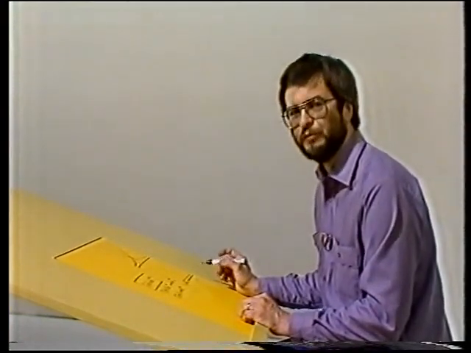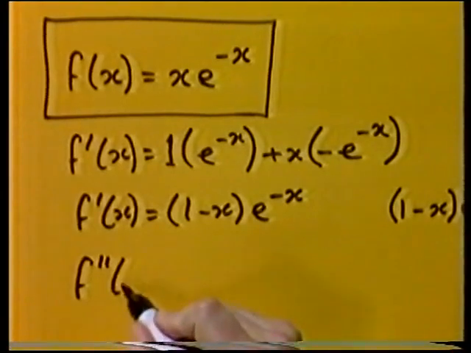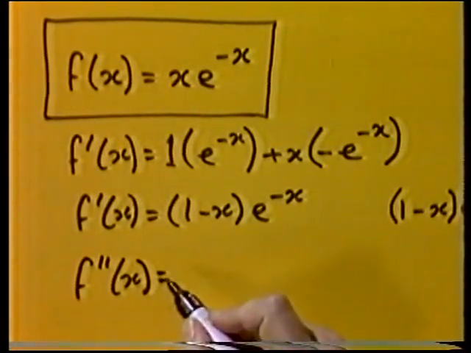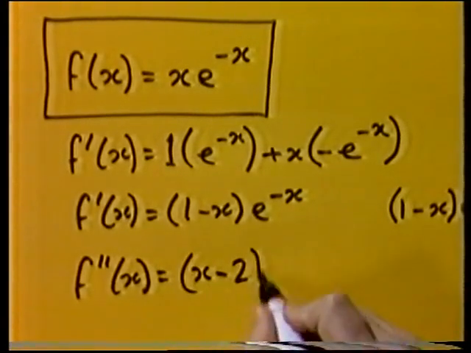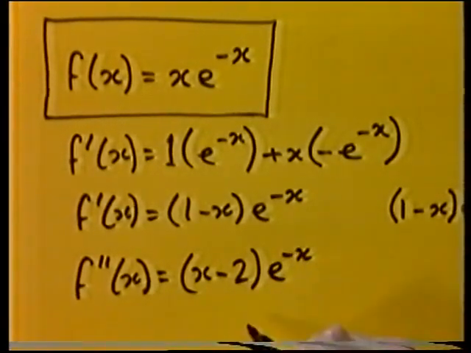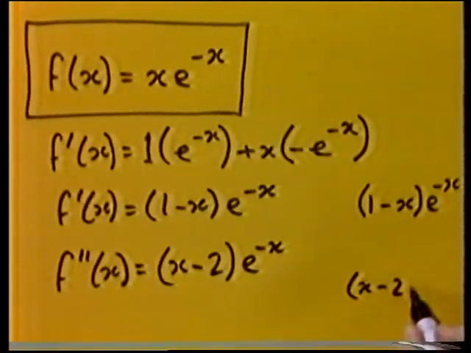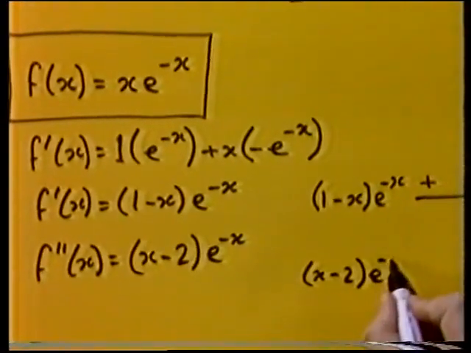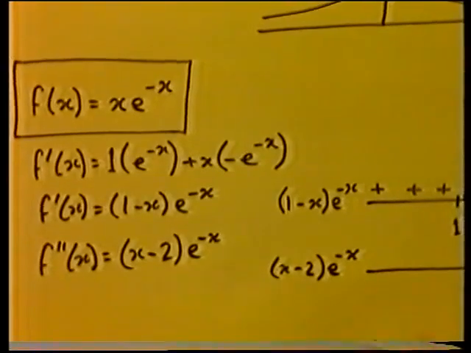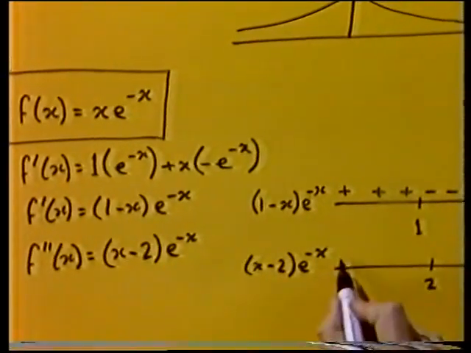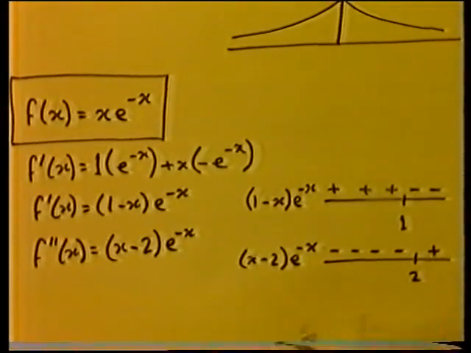Next, what about f double prime? If you differentiate f prime in the same way as we did for f, you'll get (x minus 2) e to the minus x. And again, let's look at the sign diagram for f double prime. f double prime is negative if x is less than 2, and positive if it's greater than 2.